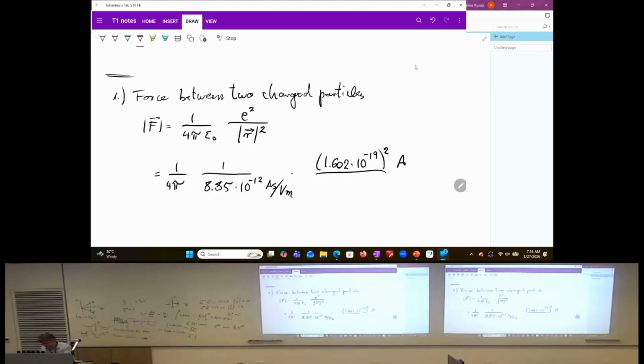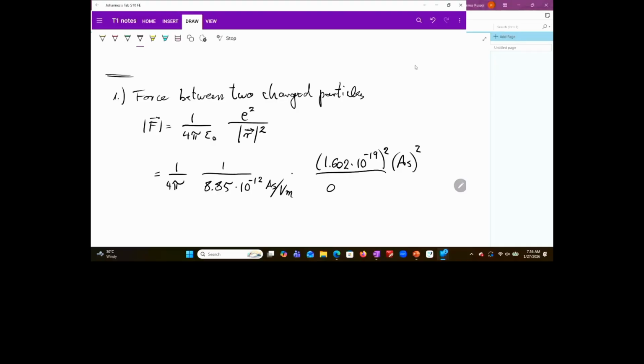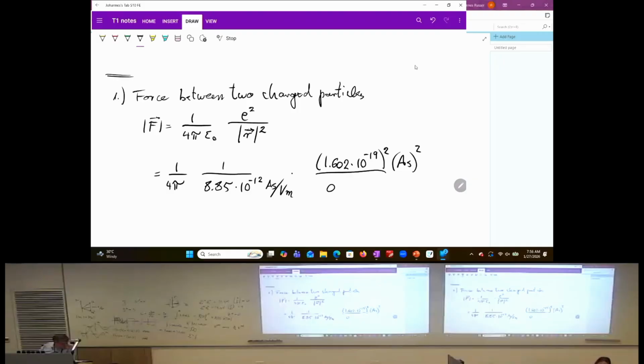The units are ampere seconds squared. And what is the radius? The distance, or the separation, is the Bohr radius, 0.529 times 10 to the minus 10. Also, the radius enters here with a square, meter squared.